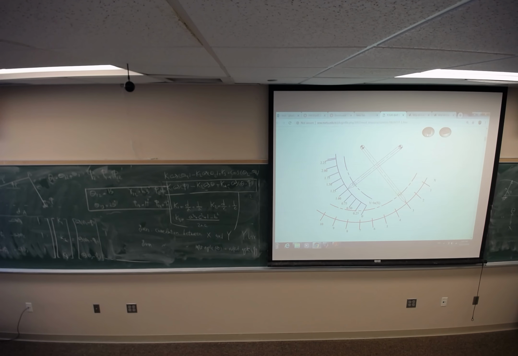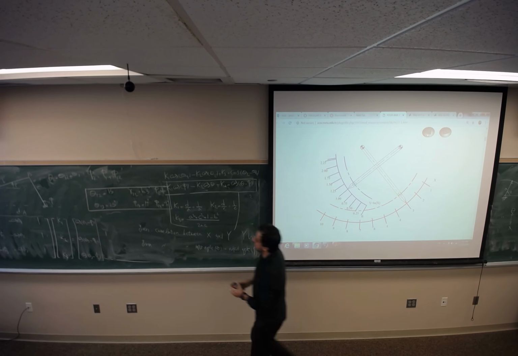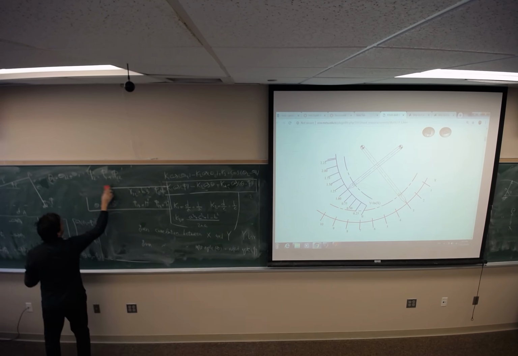Then instead of dealing with x and y, where we have the correlation, we deal with the correlation between theta and phi and synthesize or design the mechanism. This is the idea.